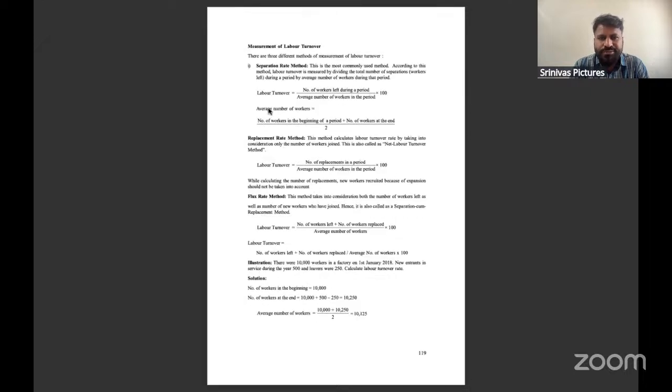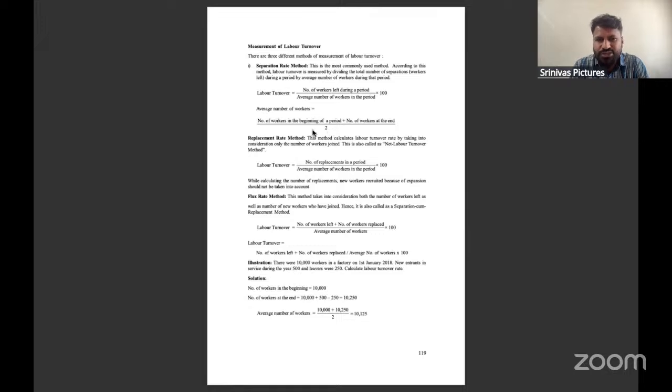Now, measurement of labor turnover. Labor turnover is calculated by the separation rate method, the replacement rate method, and the flux rate method. In the separation rate method, we consider the number of workers who left during the period and the average number of workers during the period. The average number of workers is calculated as the number of workers at the beginning and end of the period, divided by 2.